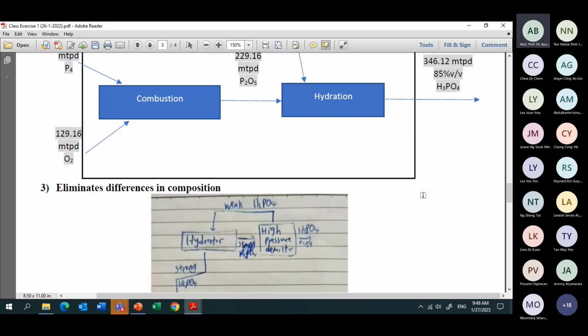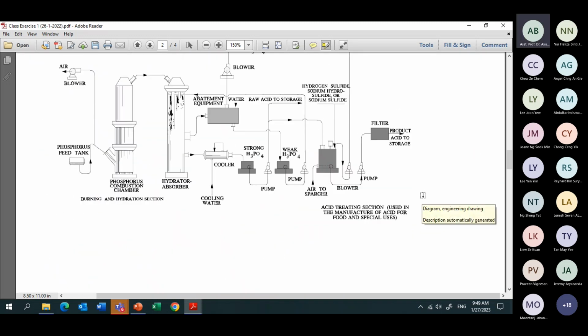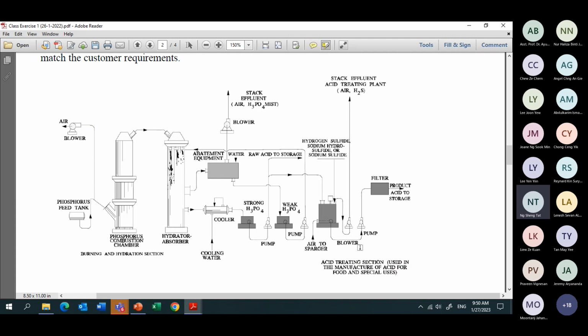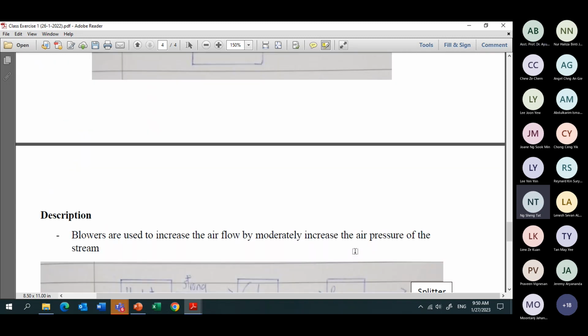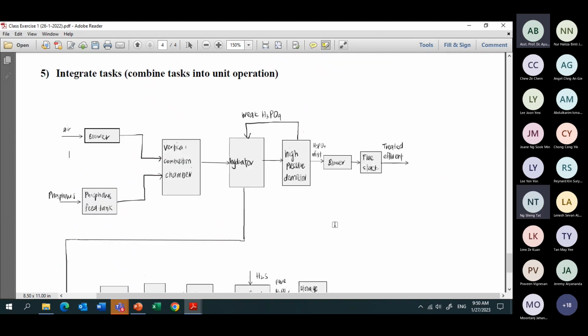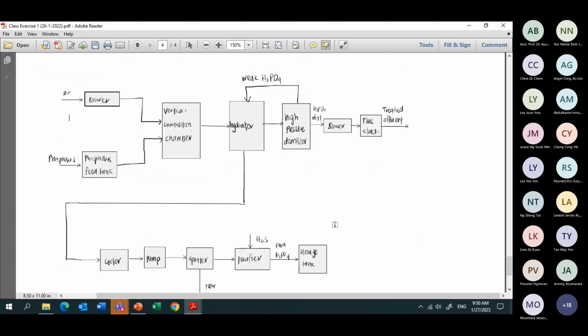Okay, wait. This blower is in here. Yeah. Referring to the later stage, the last stage of this process flow diagram, there are two blower installed. The last page. This one. Yes. So the blower here lah, you refer. Okay.